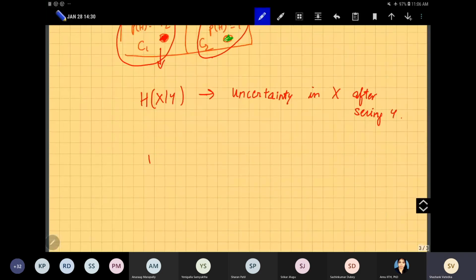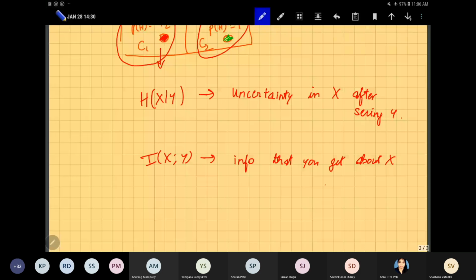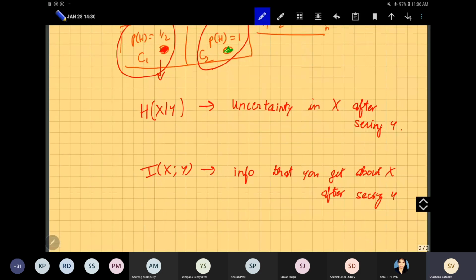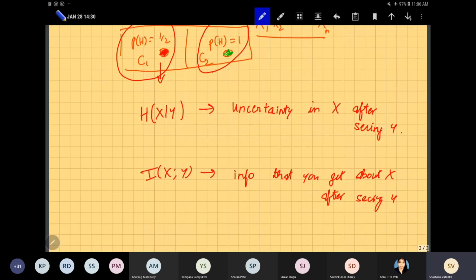Whereas the mutual information is the amount of information that you get about x after seeing y. So in some sense, these two are inversely related. If you get more information about x after seeing y, then it must mean that there is less randomness left over in x after seeing y.